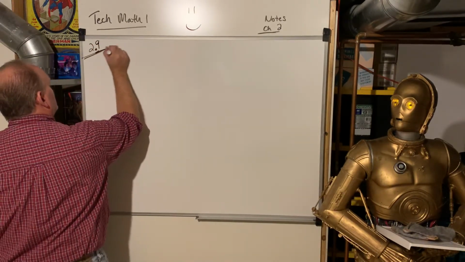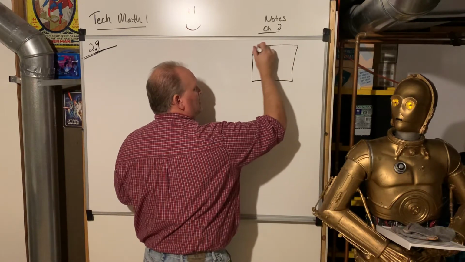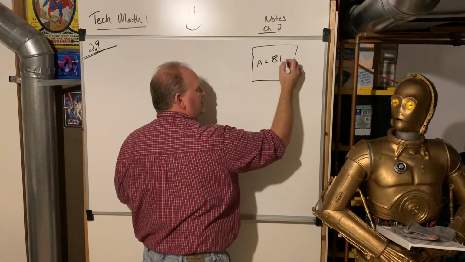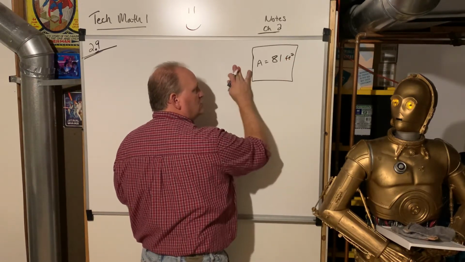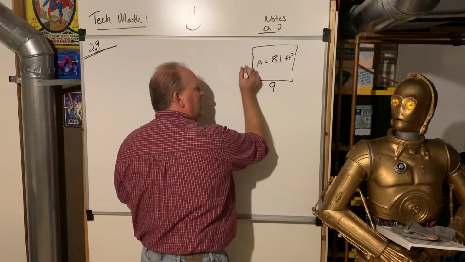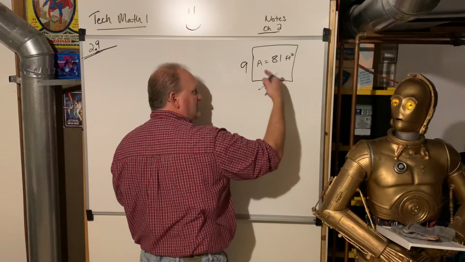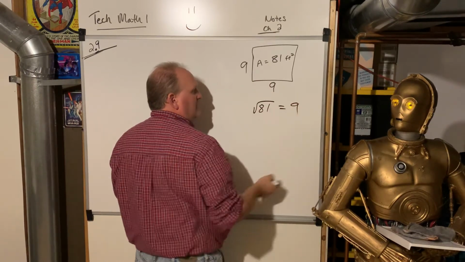So a square root literally comes from geometry. If I had a square and the area of the square was 81 square feet, what would the square's root be? Meaning 9 times 9 is 81. So the square's root is 9. The square root of 81 is 9.